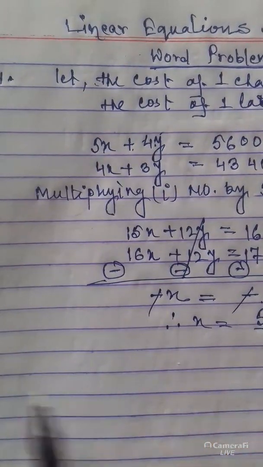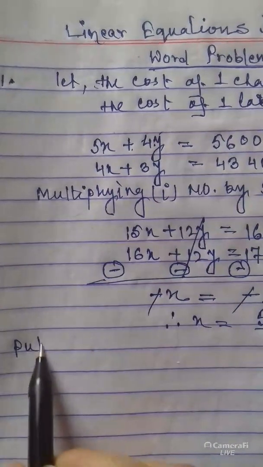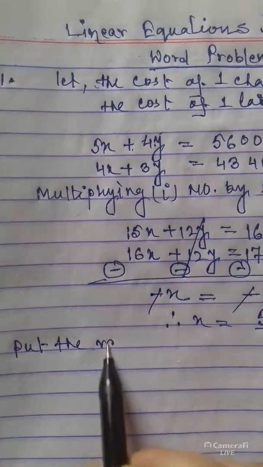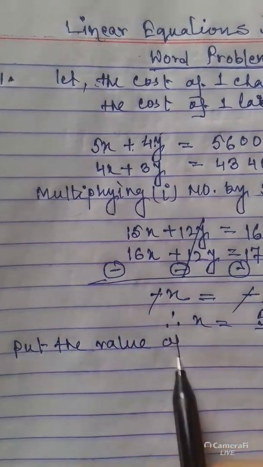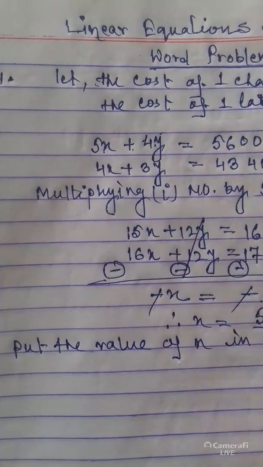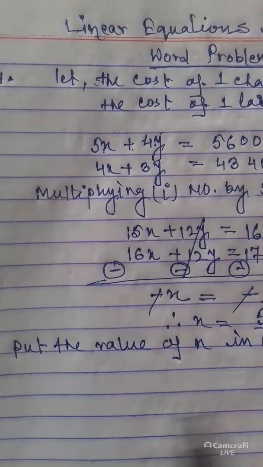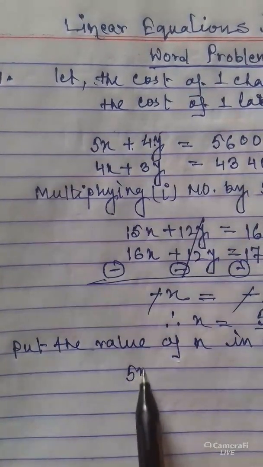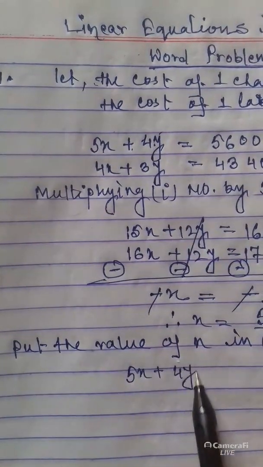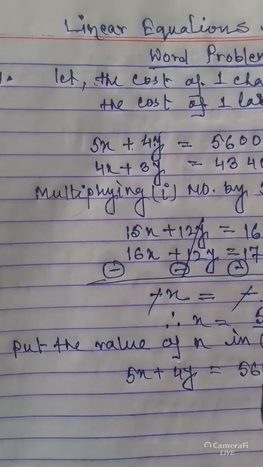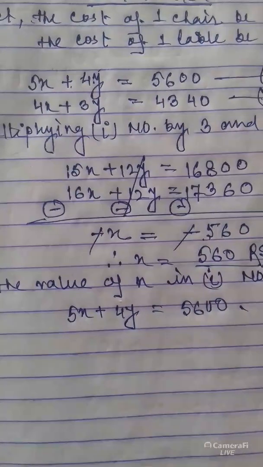560 rupees. Now put the value of x in equation 1. So equation 1 is 5x plus 4y equals 5600.